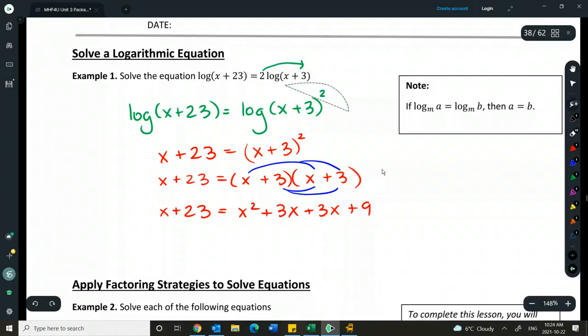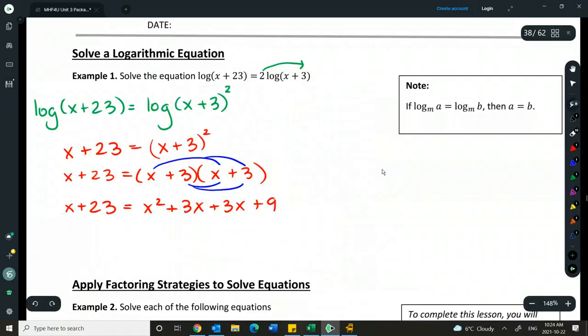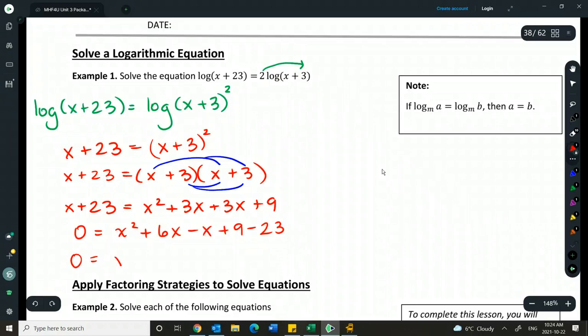When I want to solve something with x's and I can't isolate for x, usually I want to at least get one side set equal to 0. So I'm going to move over the x and the 23 and just simplify here.